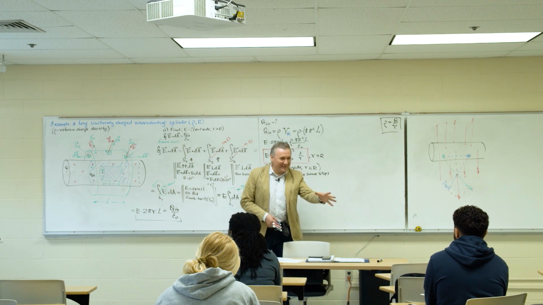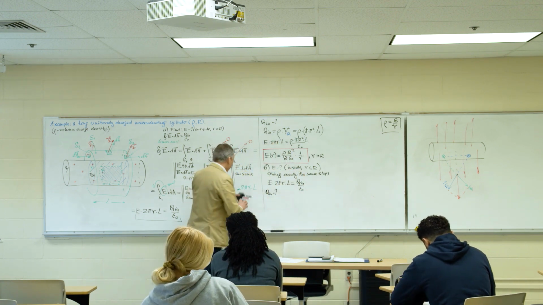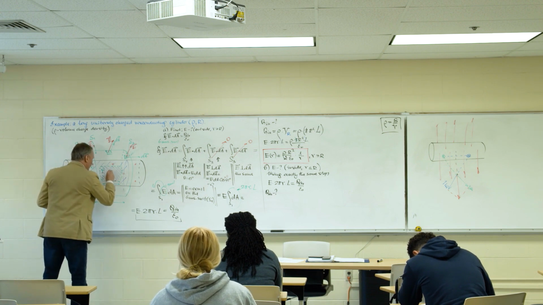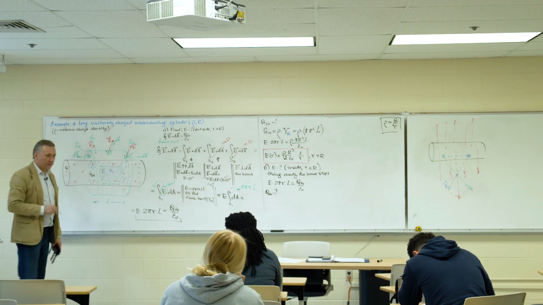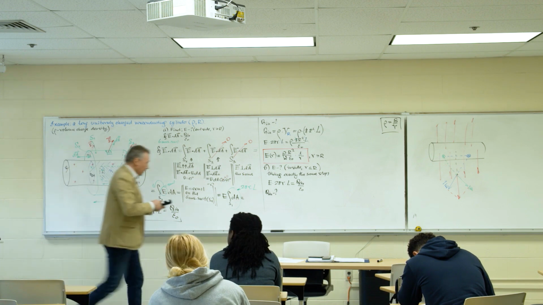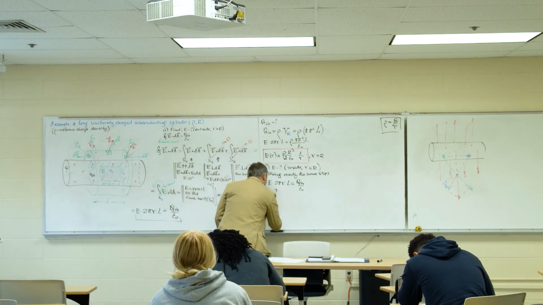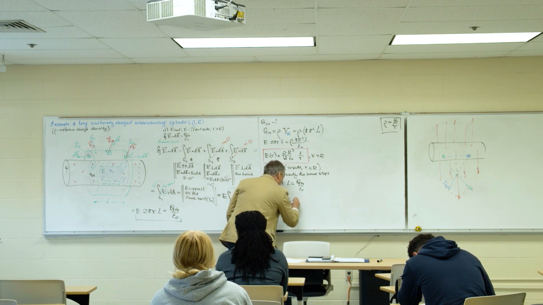Now it's a lowercase r. Now it's correct, right? Because it's this. Okay, let me even write. So it's a V with the lowercase r, right? So Q enclosed equals rho times V with r small.